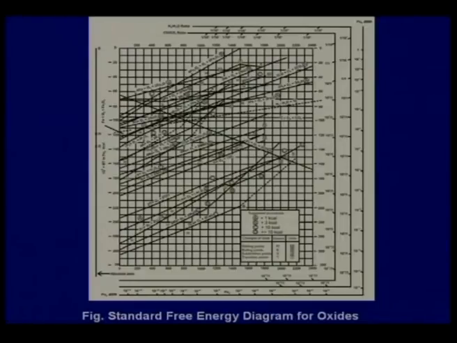All you have to do is to subtract one value of free energy of formation from the other. I will explain that later on, but please take note that all these lines represent values of free energies of formation of the compound when the reaction is written in terms of 1 O2. So, the reaction is Ti plus O2 gives TiO2, Si plus O2 gives SiO2, 4 Cu plus O2 gives 2 Cu2O.